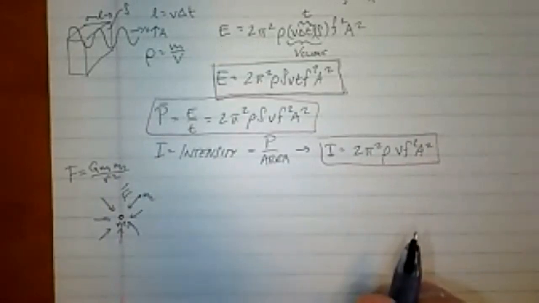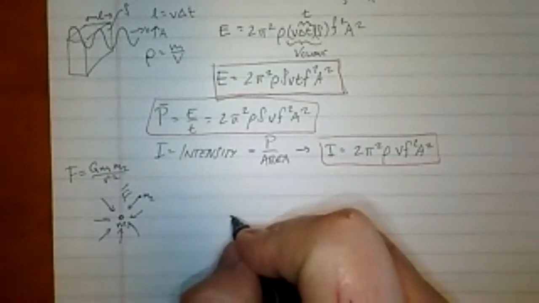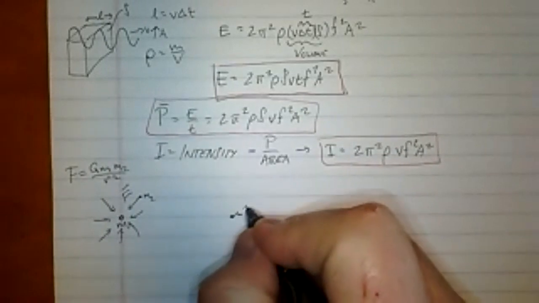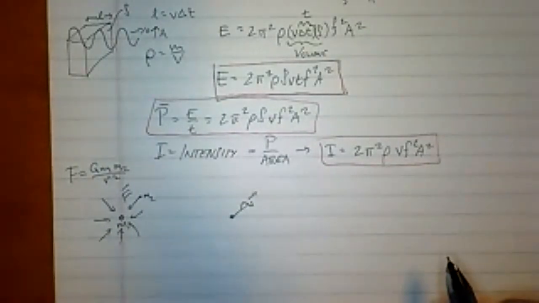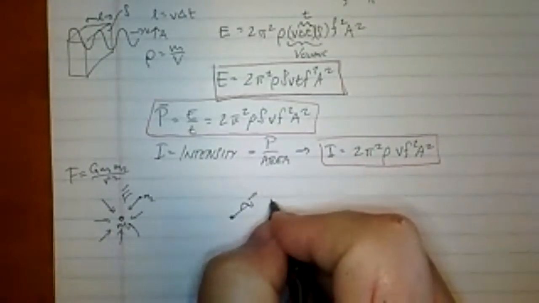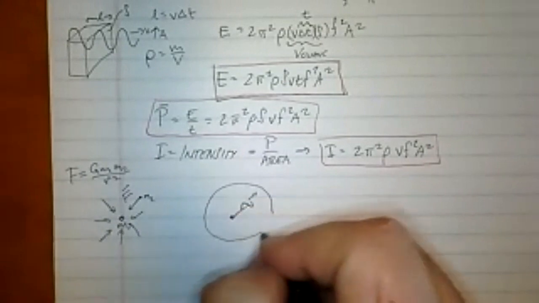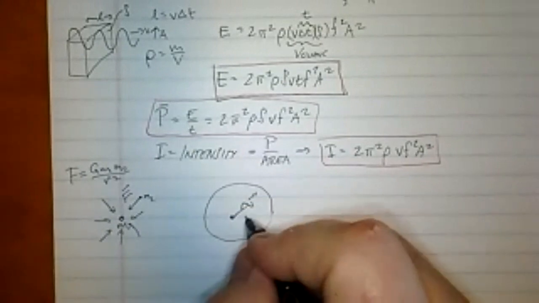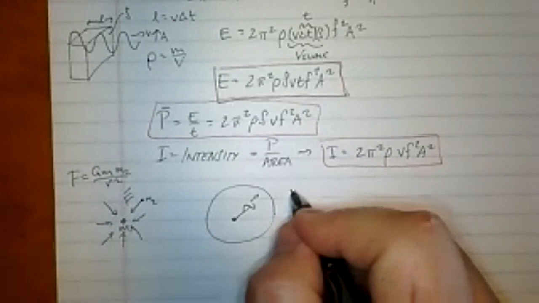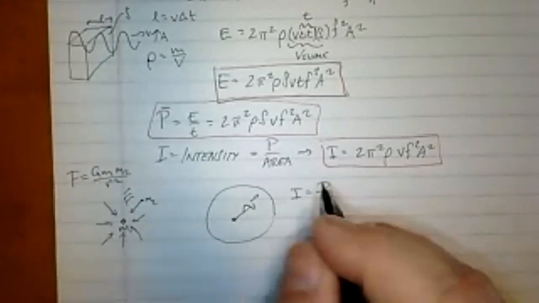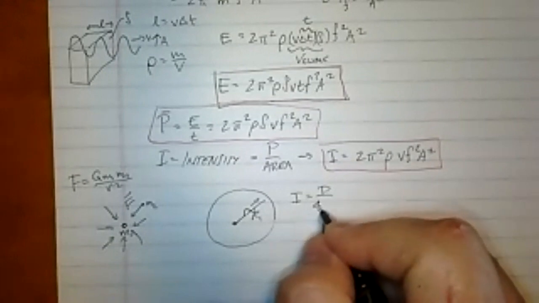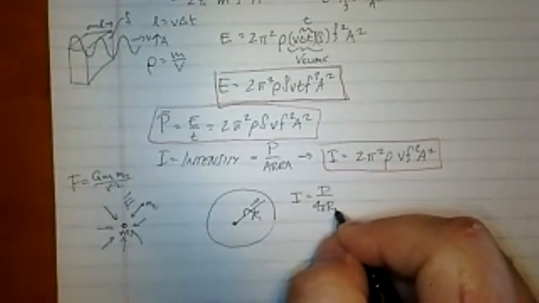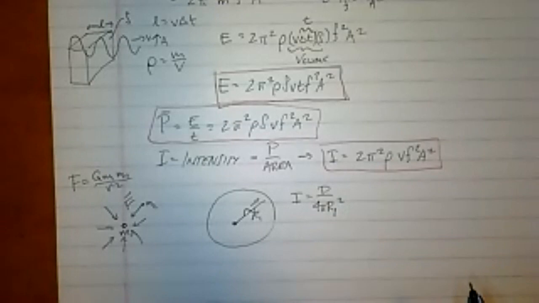So from that, you can see that if I have a wave traveling out this way, like so, then when I get out to here, I might have an intensity equal to power divided by, let's say, 4 pi R1 squared.